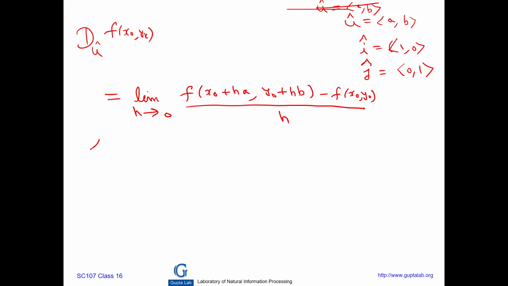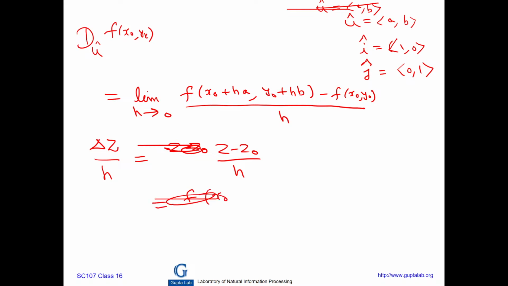So the rate of change of z, which I want to compute as a limit, is nothing but z minus z naught divided by h, which is f of x naught plus ha comma y naught plus hb, minus f of x naught y naught, divided by h.